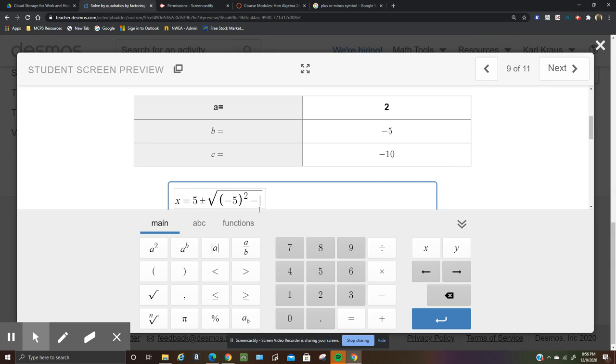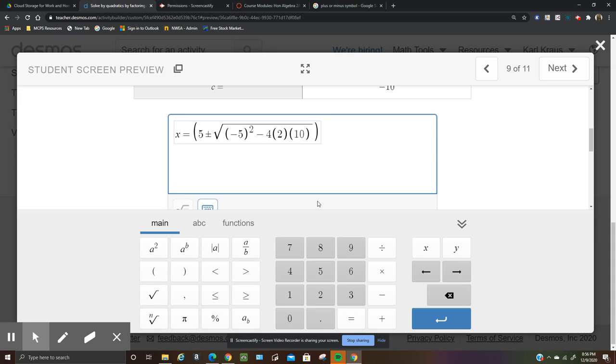And then -4 times 2 times 10. And I need to put parentheses around this whole thing because you're dividing by 2 times a. And then you can take the parentheses away to make this look better.